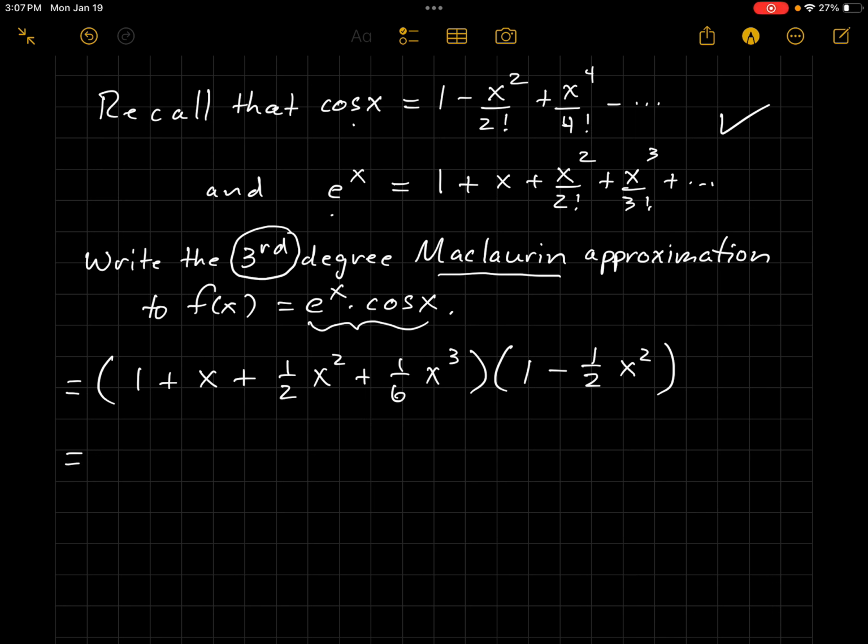And then I would multiply things out. So let's distribute this 1 across the back, giving us 1 minus 1/2 x squared. Let's distribute the x across the back, giving me x minus 1/2 x cubed.